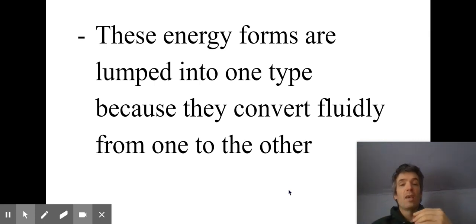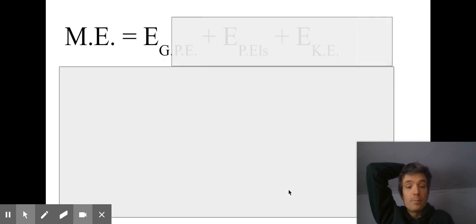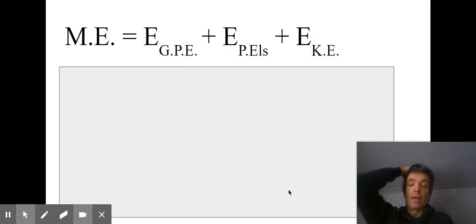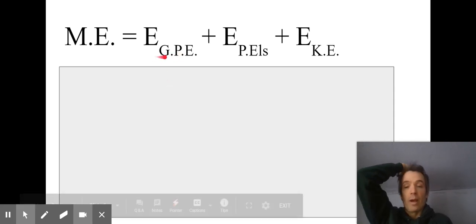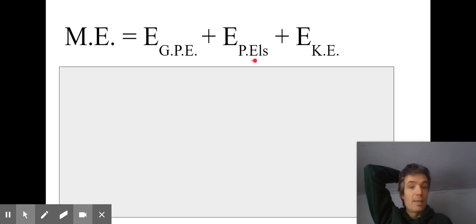So it's almost as if it's one energy, because it can so fluidly move from one to the other. Now, its formula is the gravitational potential energy plus the elastic potential energy plus the kinetic energy that an object has.